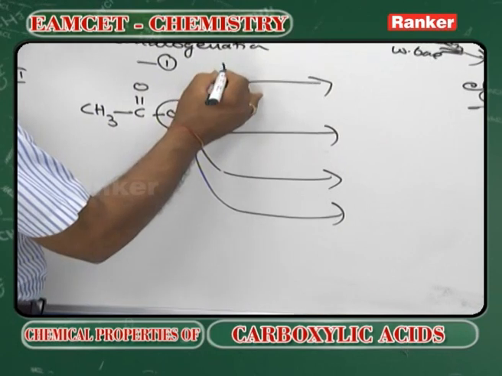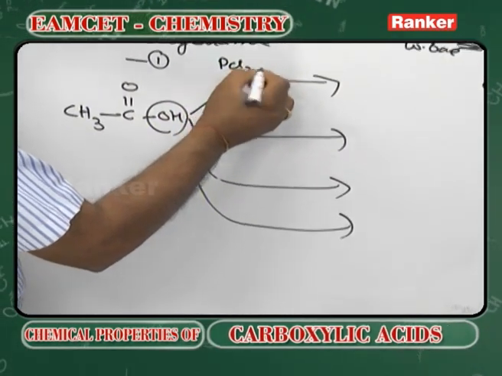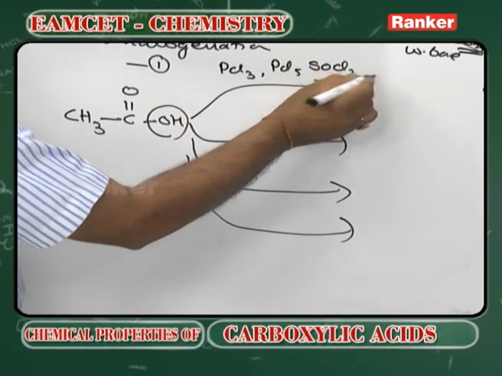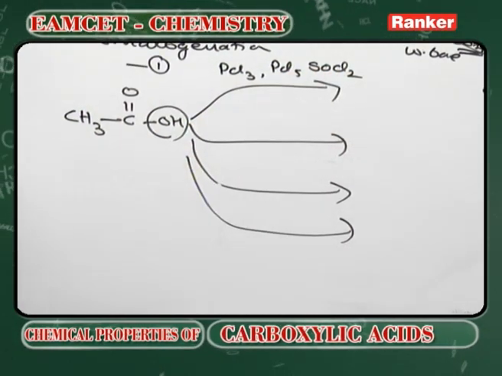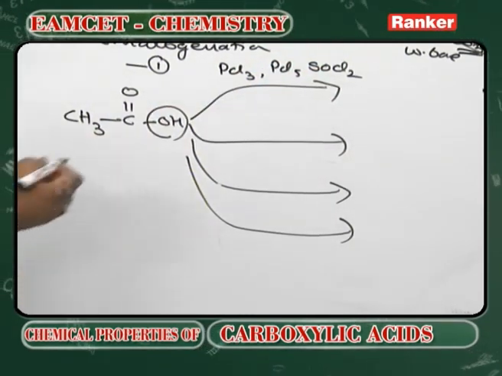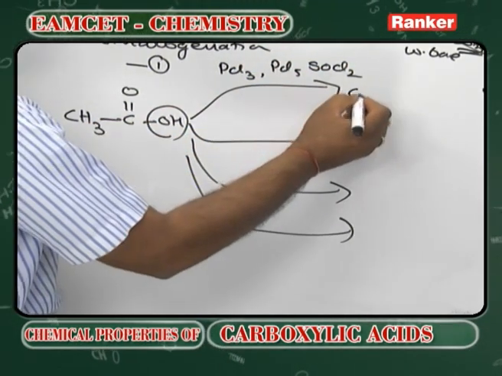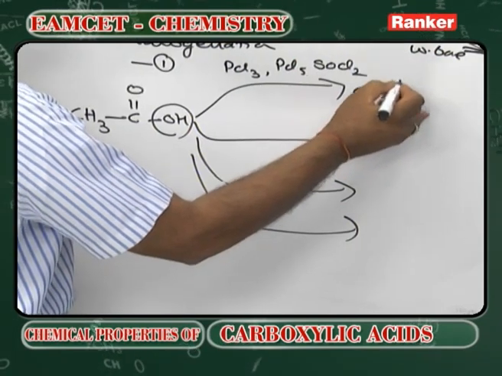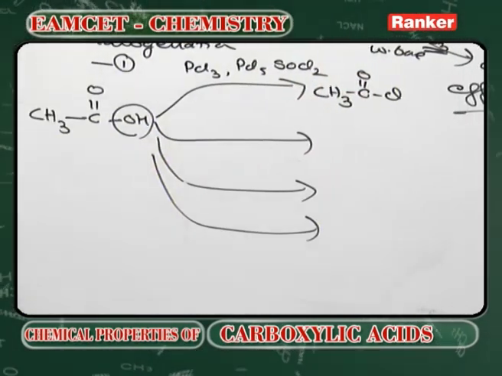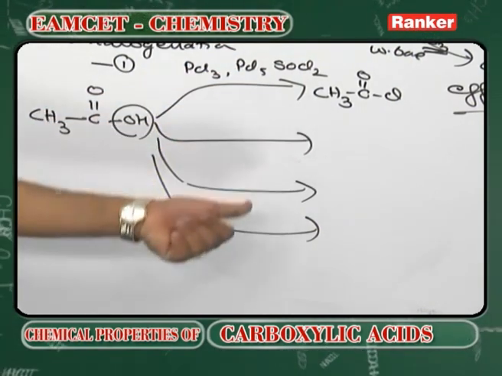The first derivative, with either PCl3 or PCl5 or SOCl2, known as thionyl chloride: with phosphorus pentachloride or trichloride or thionyl chloride, the OH will be removed and you will get CH3COCl. This is known as acid chloride, a derivative of acid. 4 derivatives you are getting.